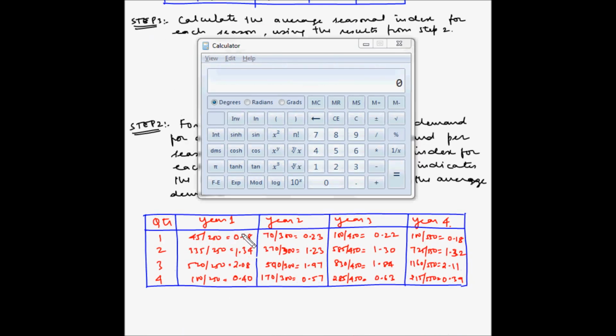So for Q1, we'll take the average of 0.18, 0.23, 0.22 and 0.18. We will add them and divide by 4 because there are 4 numbers. So 0.18 plus 0.23 plus 0.22 plus 0.18, and this divided by 4, so we get 0.20.